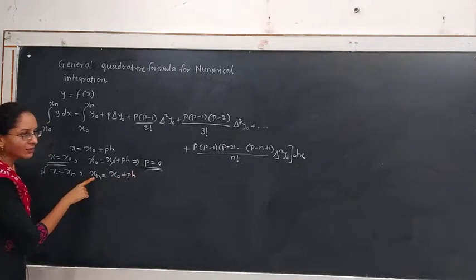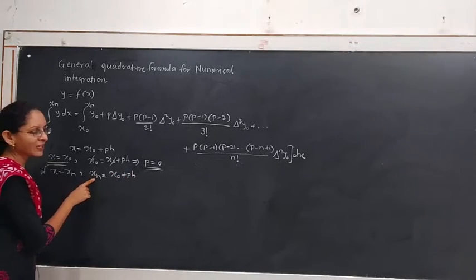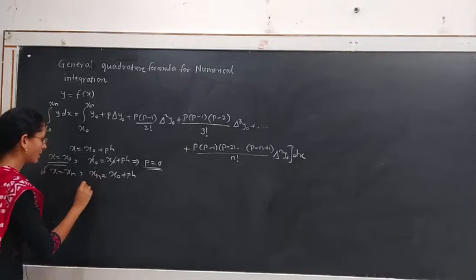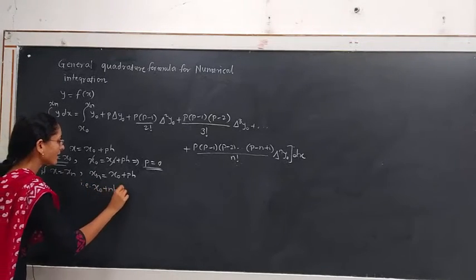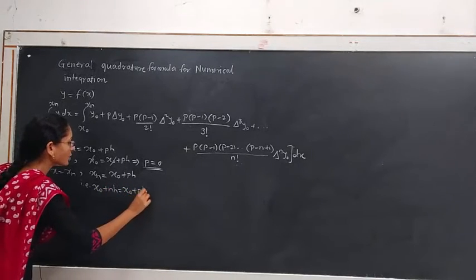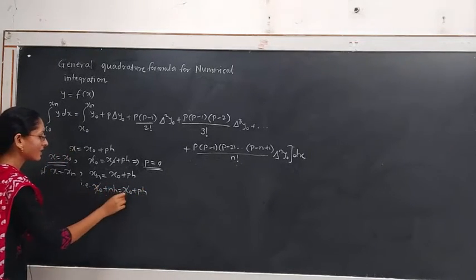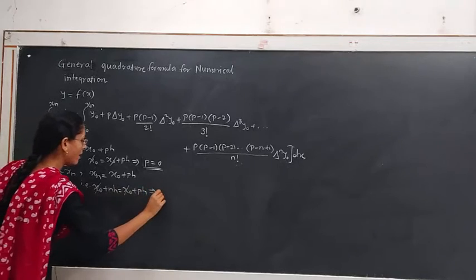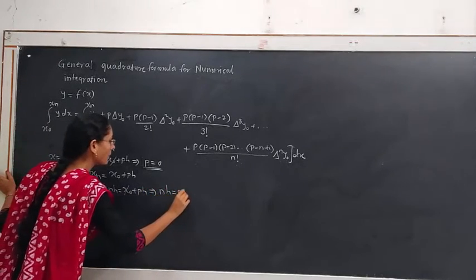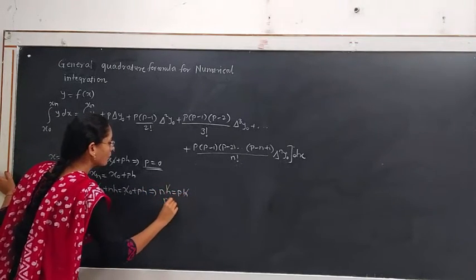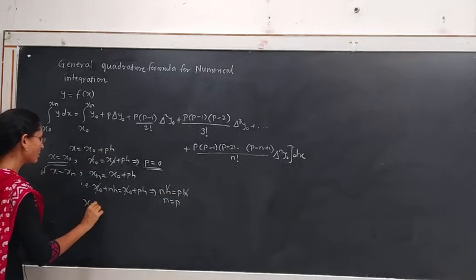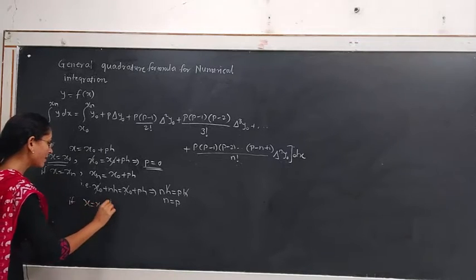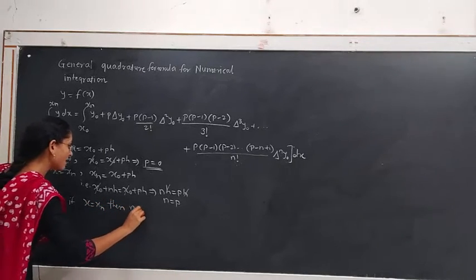But we have seen xn is equal to x0 plus nh. That is, x0 plus nh is equal to x0 plus ph. The x0 cancel, and we get nh is equal to ph, hence n is equal to p. Therefore, if x is equal to xn, then p is equal to n.